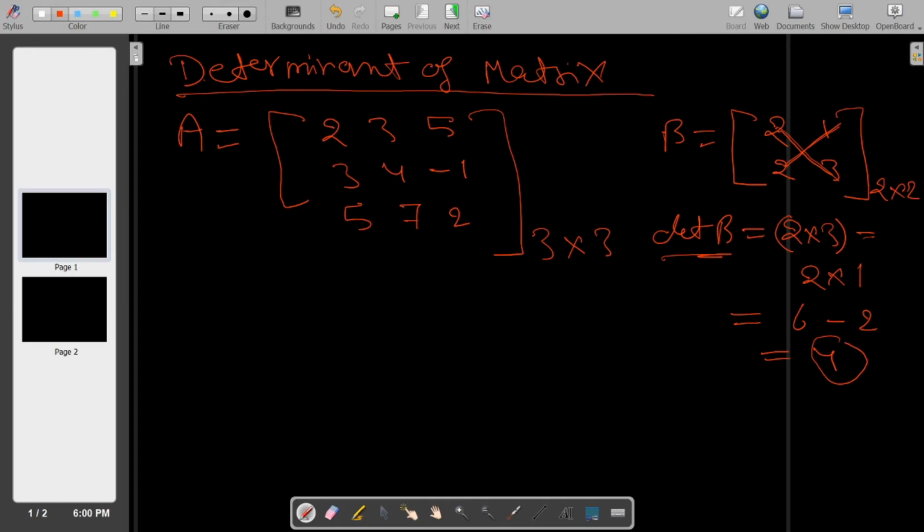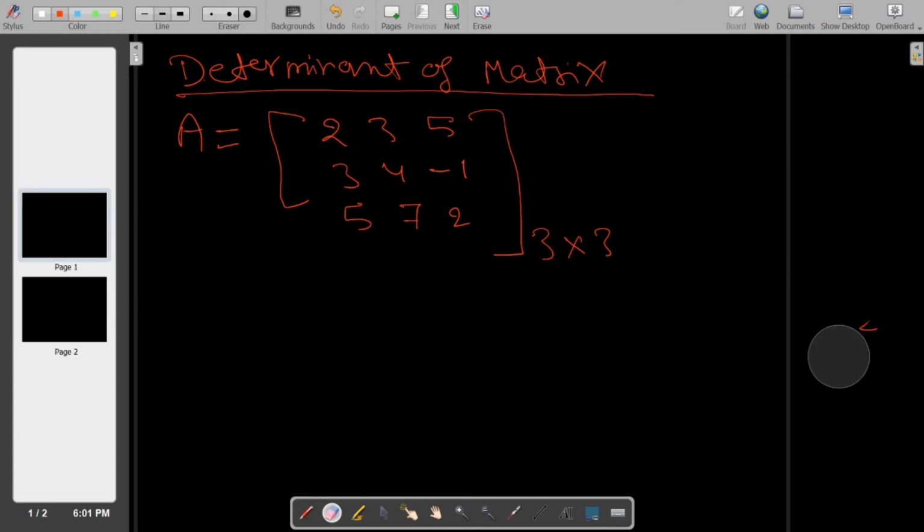Similarly, if you go for the determinant of size 3 cross 3, we have multiple 2 cross 2 matrices inside this. So let's calculate the determinant of A. It is nothing but, if you take this 2, remove this particular column and this particular row, so you will get this one.